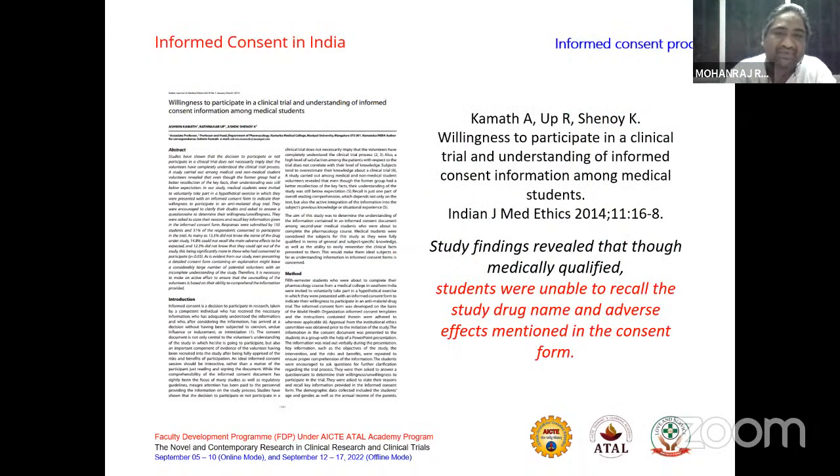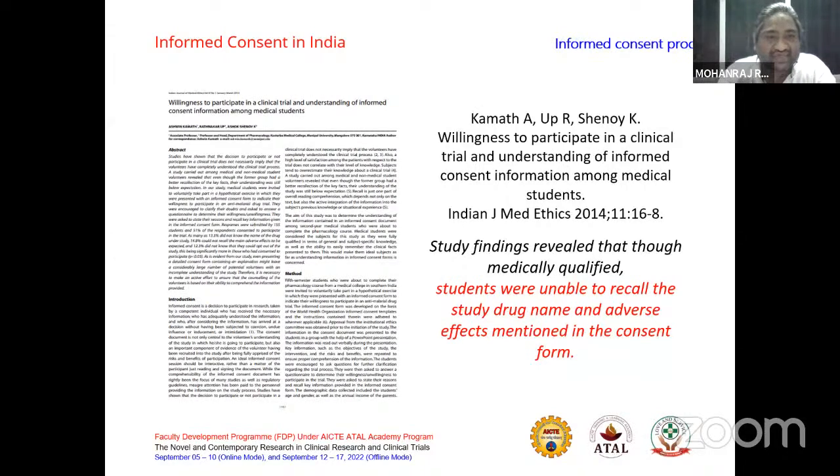For example, I have here a few recent research studies published, which correlate with our previous study findings, and most of the research was done in India and published in reputed journals.